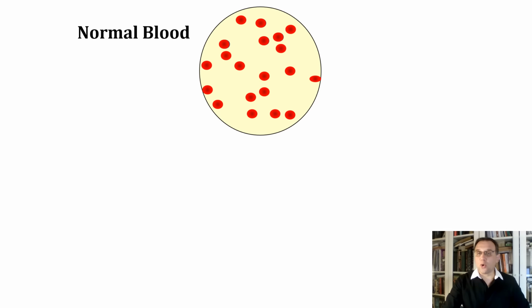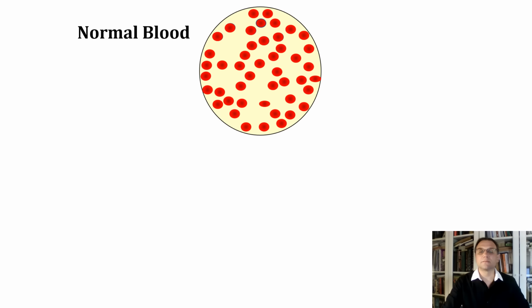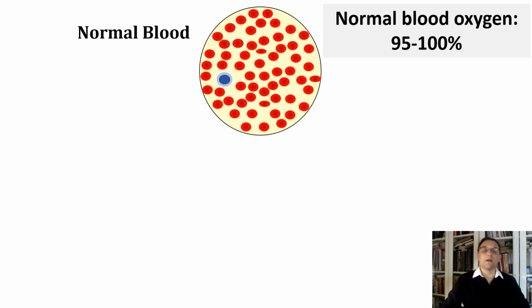Let's take a look at drawings of different kinds of blood smears under the microscope. Here is the normal one. Your blood oxygen level is measured as a percentage. 95 to 100% is considered normal. If there is less oxygen, the condition is called anemia.